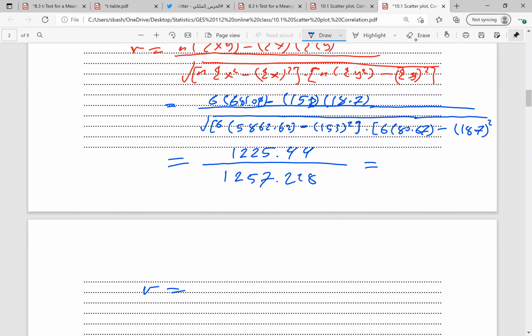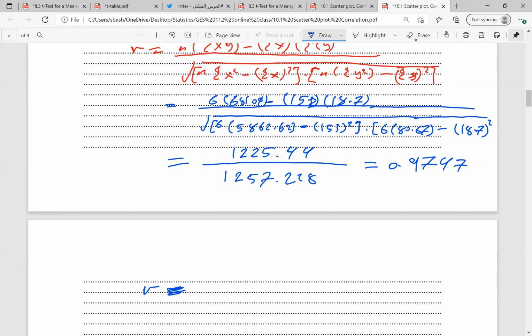So R in this case is equal to 1225.44 divided by 1257.228, which is equal to, let me divide that, 0.9747.